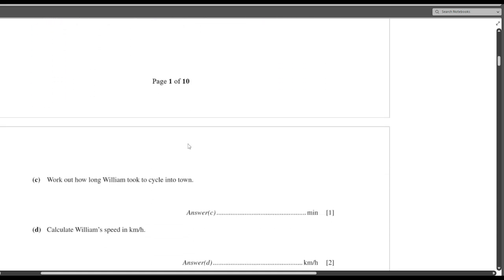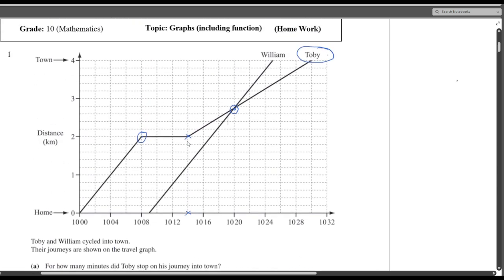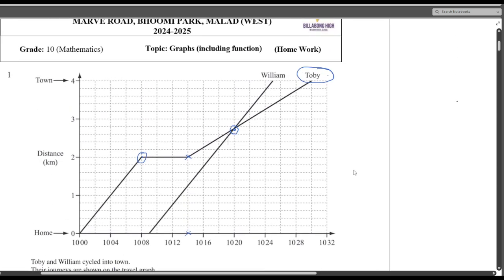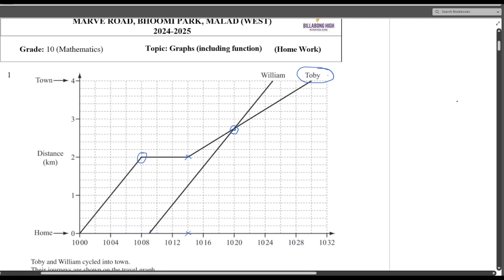Now part C. Work out how long William took to cycle into town. William, we can see that he started at 10:09 and he finishes his cycling somewhere around 10:25.